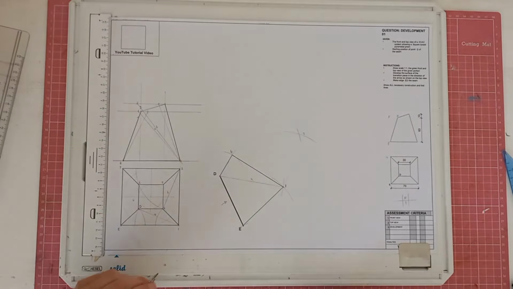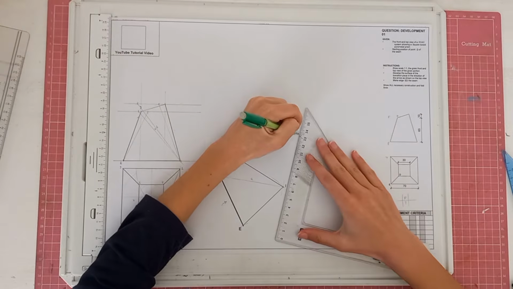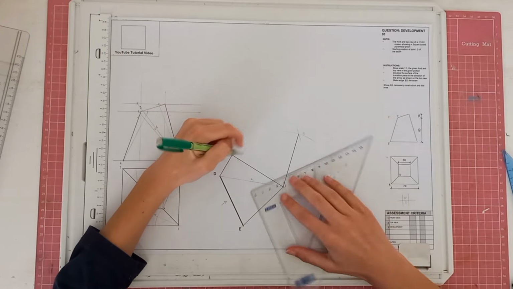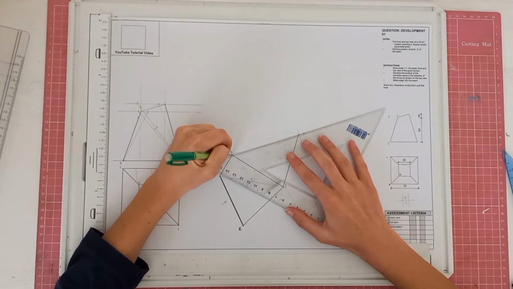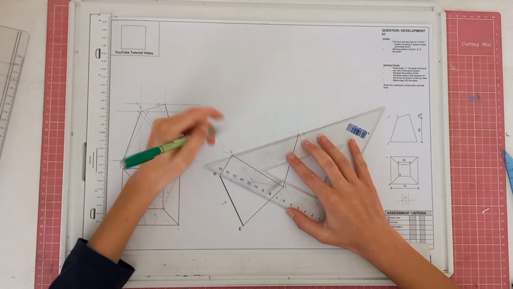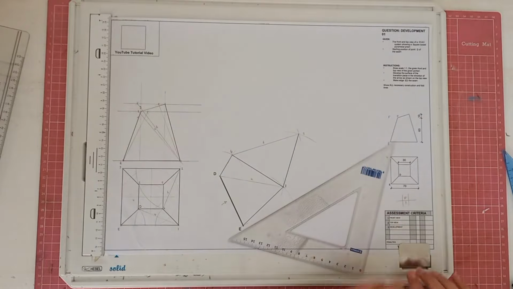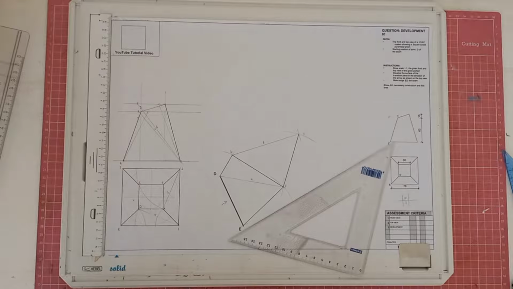Then from there we can measure our lines, and this line here will obviously be line small b. You don't have to label your development, but it does help if you get a little bit confused of where you're sitting at. So I would say label it very neatly if you want.